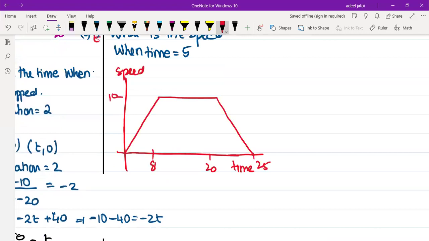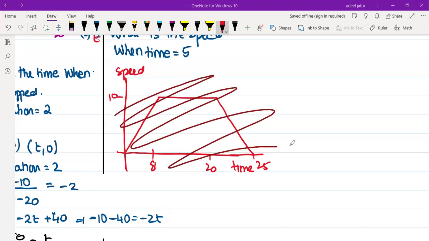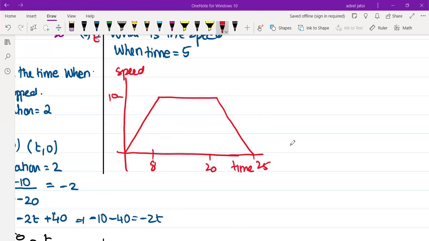Now, the question is, since it is a white background, it does not have a graph on it. So, when time is 5, you do not know where time 5 lies. Does it lie here? Does it lie here?